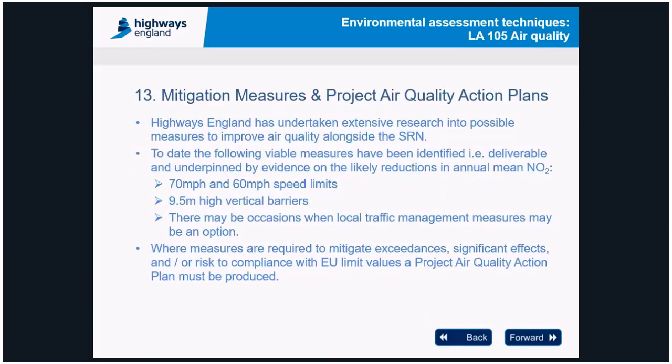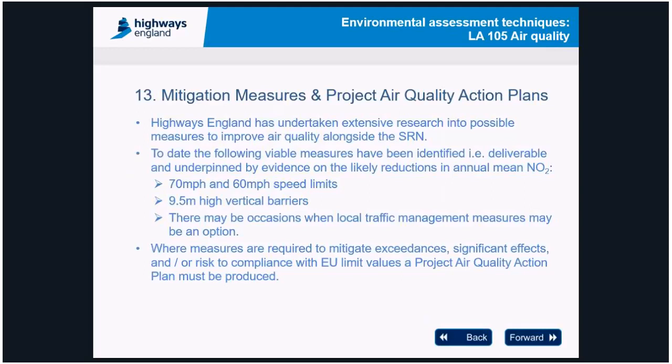But I would suggest that is on a case-by-case basis, and your local transport colleagues would need to look at those and provide some initial advice around the likely changes in traffic flow that might be achieved either through congestion management or traffic rerouting before the opinion and advice on air quality can be developed.